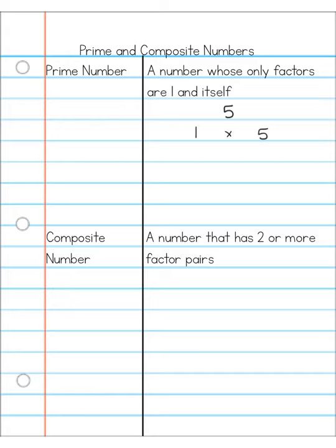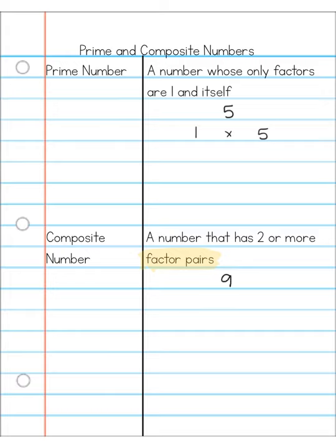A composite number is a number that has two or more factor pairs. And be careful, this is two or more factor pairs, not two or more factors. It actually would need at least 3 factors. So for example, let's take the number 9.